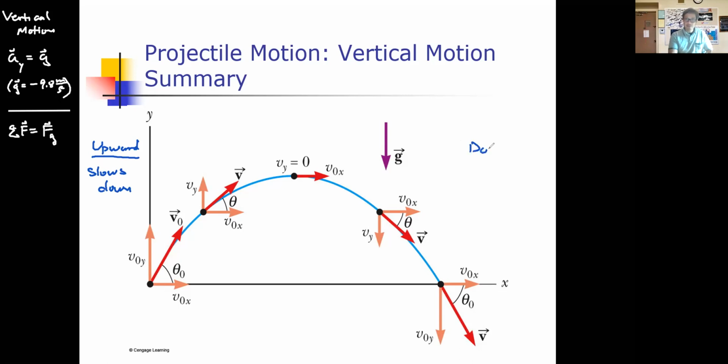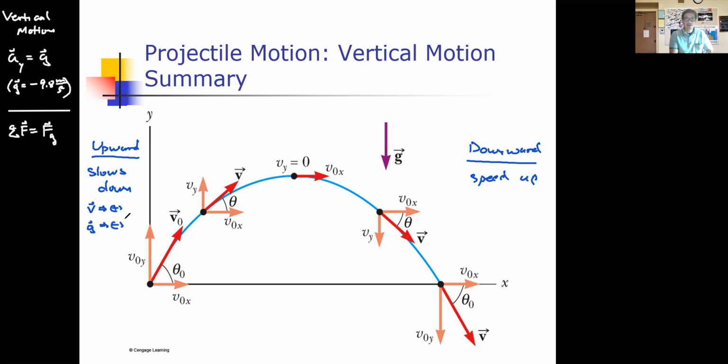Then in the downward trajectory, the object starts to speed up. We were able to identify this because as it moves up, its velocity is positive, but the acceleration, which is g, is always negative.